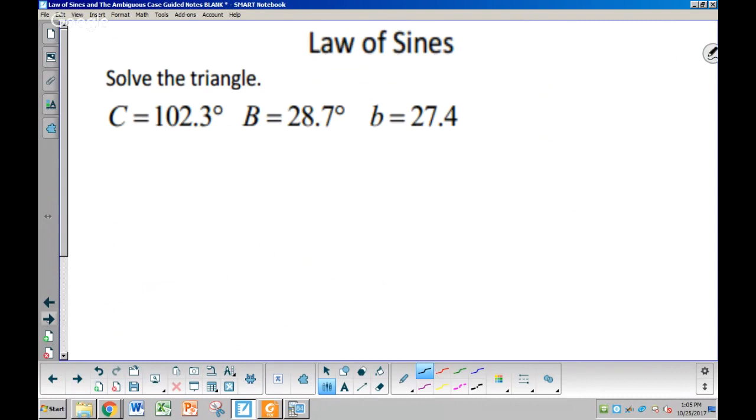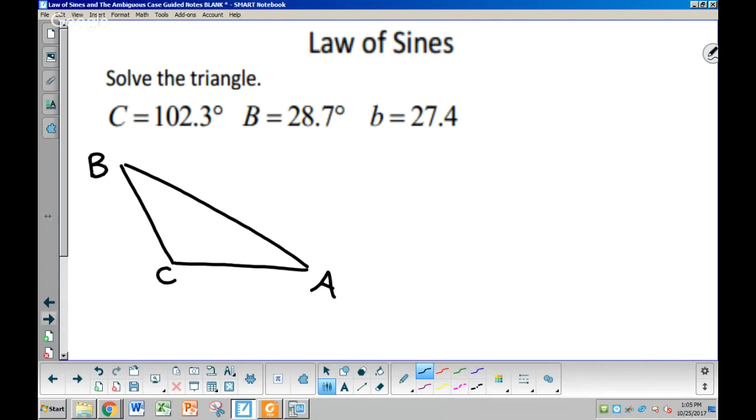Now I'm going to draw an angle here that's 102 roughly. It doesn't have to be exact. So there's C. And I know angle B I'll put up here, and then this is angle A. So this is little side C, which I don't know. This is 102.3 degrees.